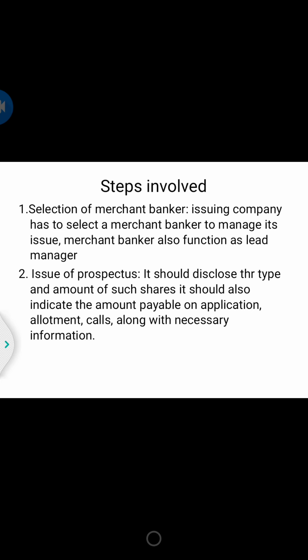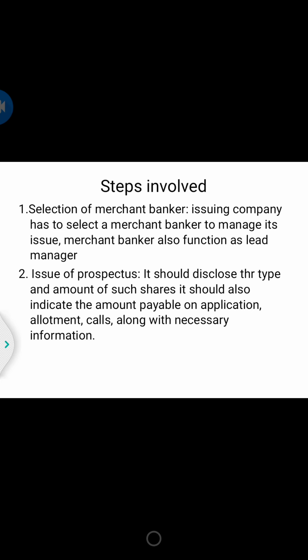The next is issue of prospectus. We know prospectus is an invitation to the public to subscribe for the shares, right? And it is a very important document which we file at the time of getting our company registered. We have studied this already in secretarial practice also.